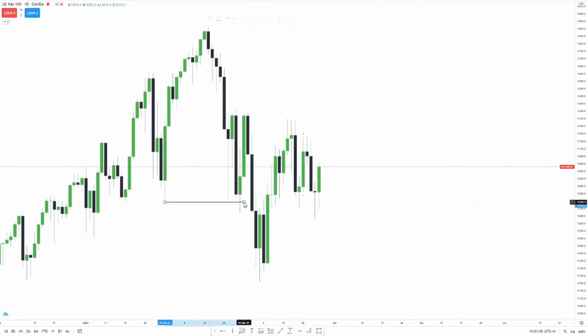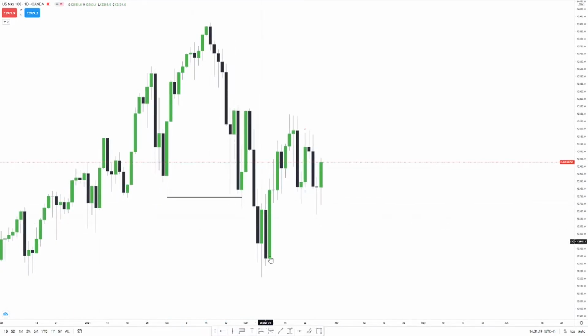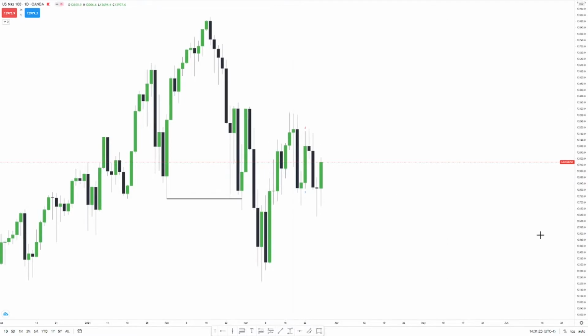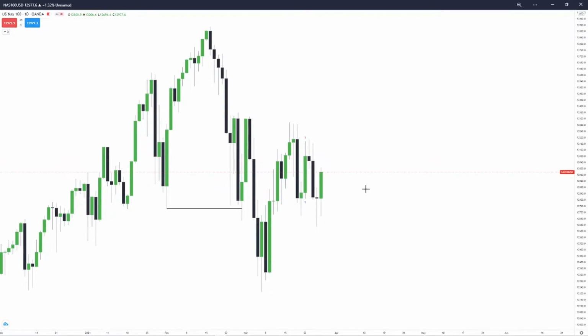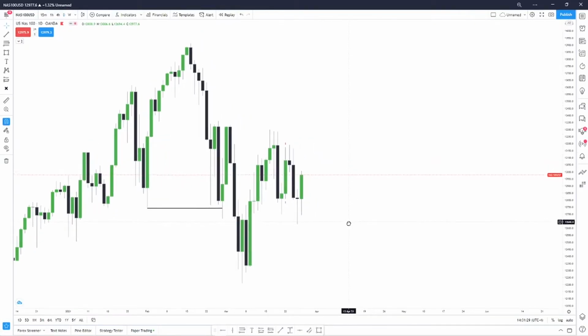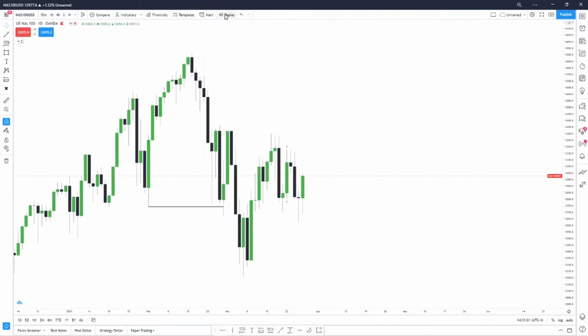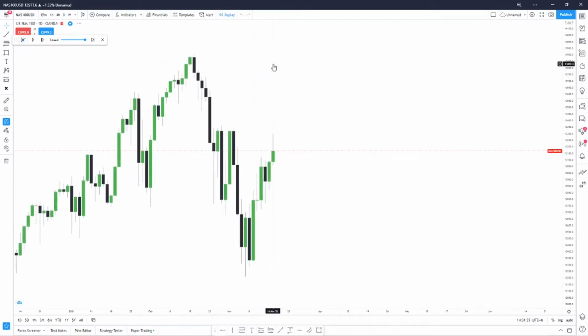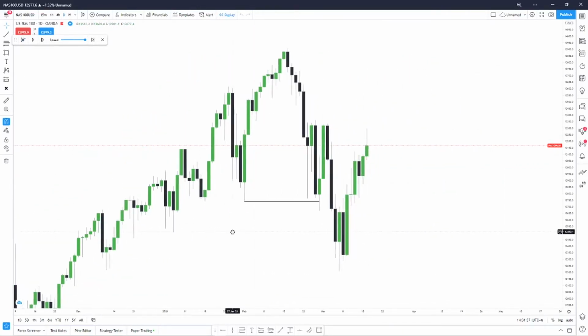This was the weekly low that price took out and went straight into that OB, and then price pushed up higher. This is just on the daily time frame.